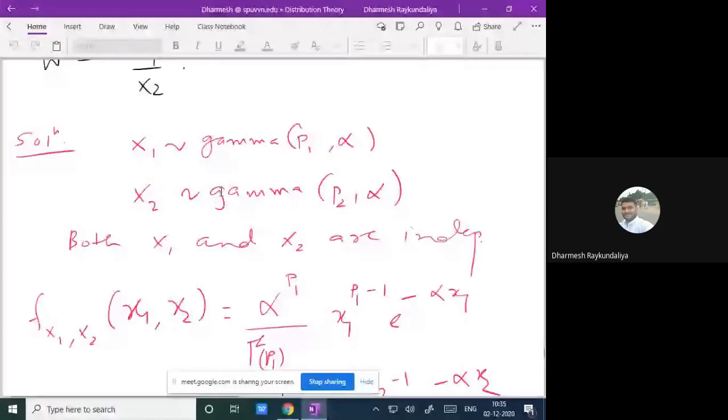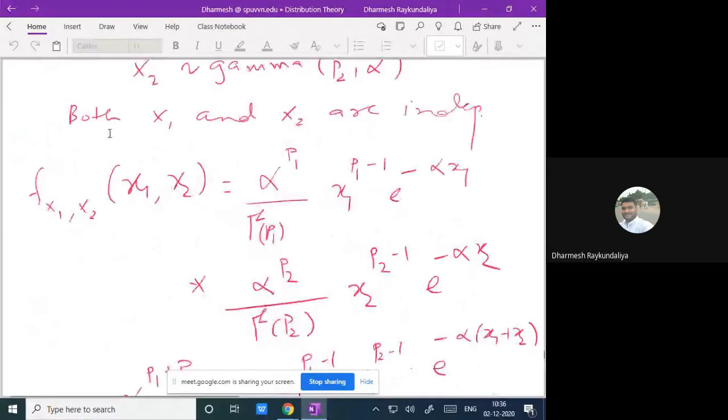So if you write the joint density of x1, x2, because x1, x2 are independently distributed, we can write f of x1, x2 equal to f of x1 into f of x2. So x1 has the gamma with shape parameter p1 and scale parameter alpha, then the density is given by this.